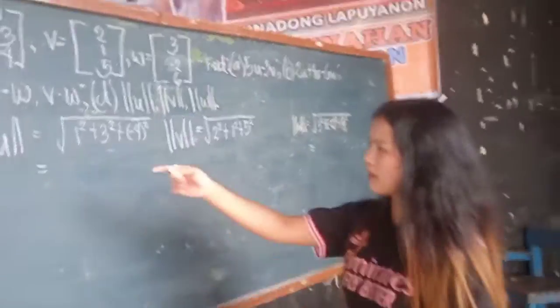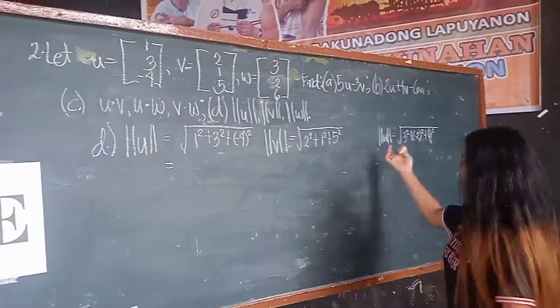Now letter D, the square root of u, b, and w.